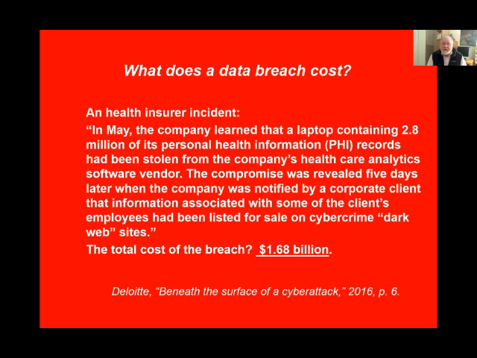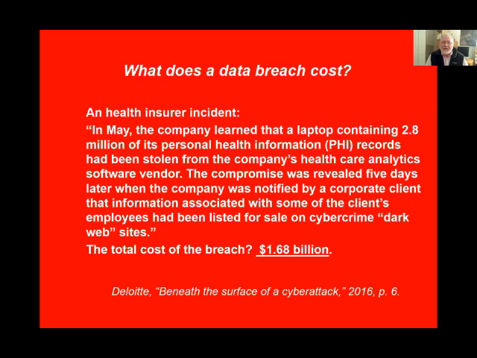And so Deloitte, one of the accounting consulting firms, took a look at that. They looked at a couple of case studies in their report, and one company they looked at was in the health sector, and a laptop had been stolen with 2.8 million health information records on it.